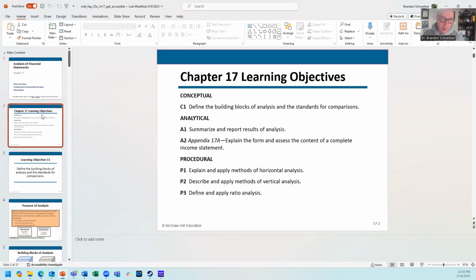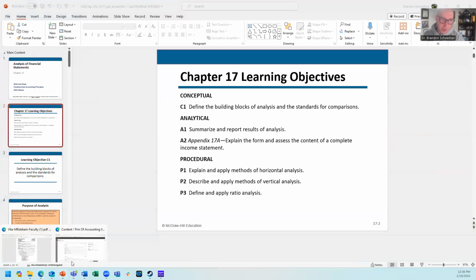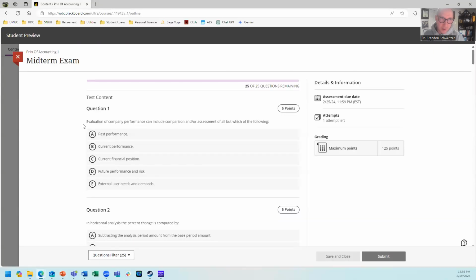As you'll notice, in chapter 17, we talked about things like horizontal analysis, vertical analysis, and ratio analysis. In that discussion, we analyzed the financial statements using those primary methods. When you're looking at the questions from the exam, I want you to read the question very carefully.